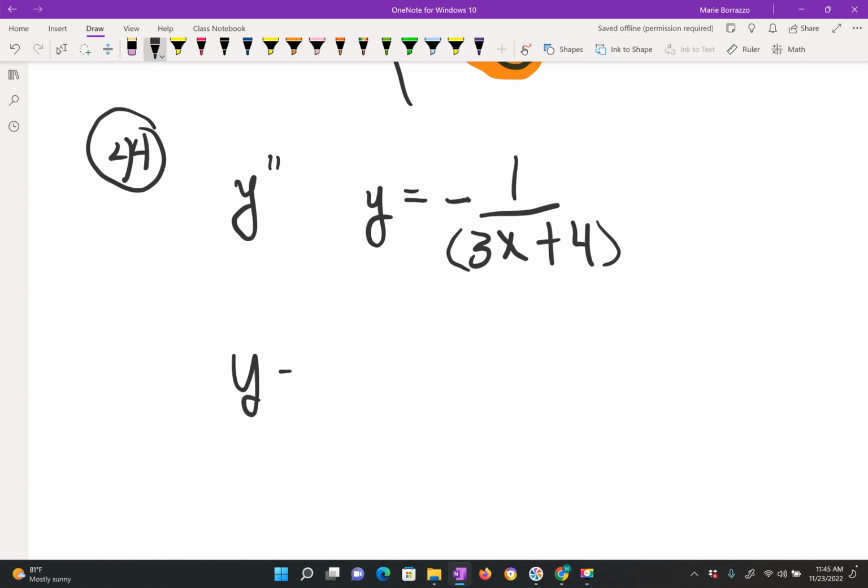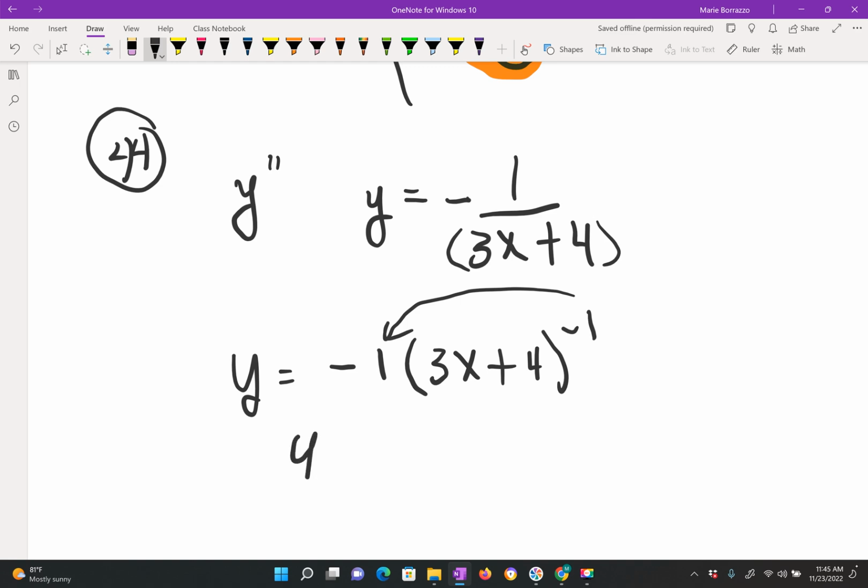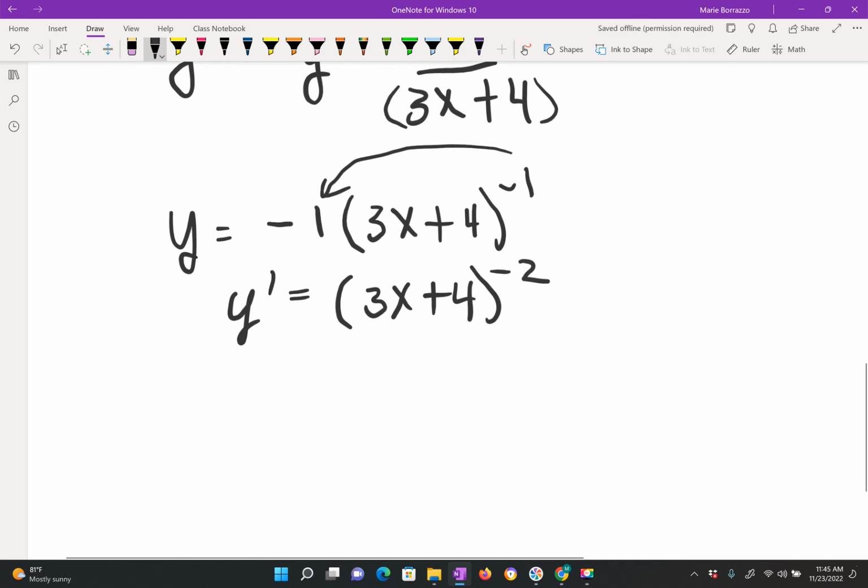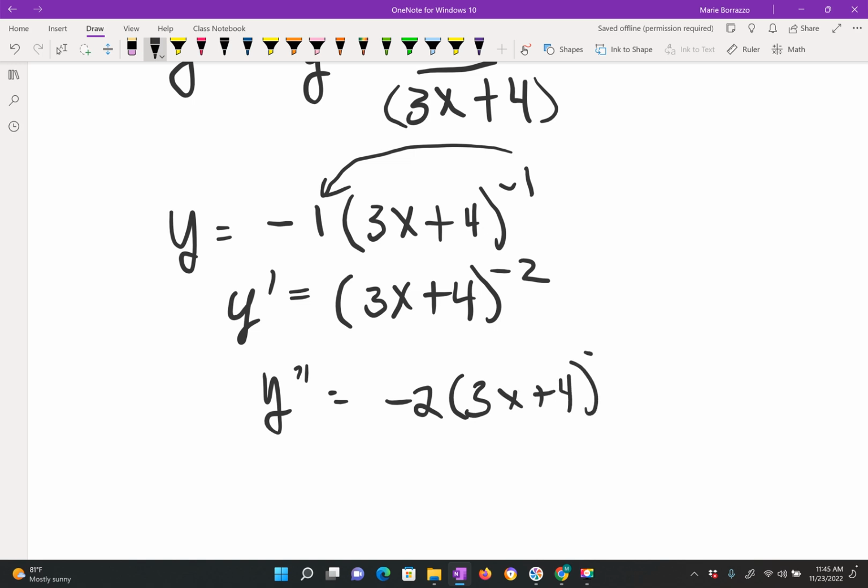So we would have y equals -1 times 3x plus 4 raised to the -1. And if I differentiate, I'm going to multiply -1 times -1. So my first derivative starts with +1, and then this becomes 3x plus 4 to the -2. Okay, if I differentiate again, my second derivative becomes -2 times 3x plus 4 to the -3.